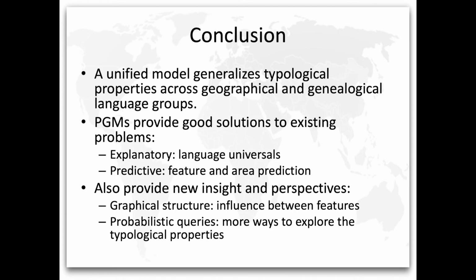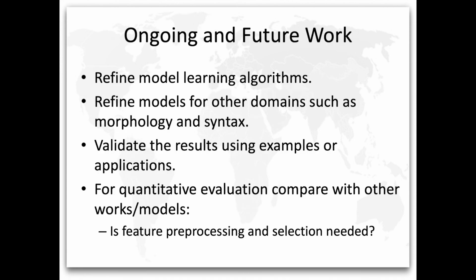They also have very good predictive power to predict the missing values and the area information. Besides, the models provide new insights and perspectives. From the graph structure, we can see more details about the inference between the features. And through the probabilistic queries, there are more ways to explore the typological properties of a particular domain.